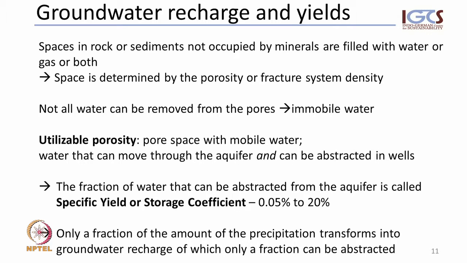So we have to keep in mind that only a fraction of the amount of precipitation reaching the surface transforms into groundwater recharge. And only a fraction of this groundwater recharge will we be able to abstract from our aquifer system again.